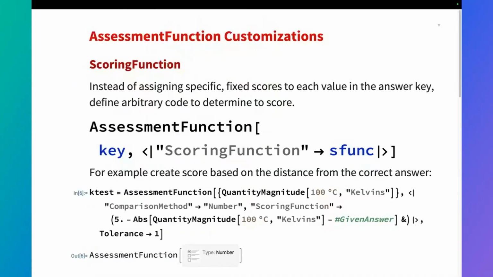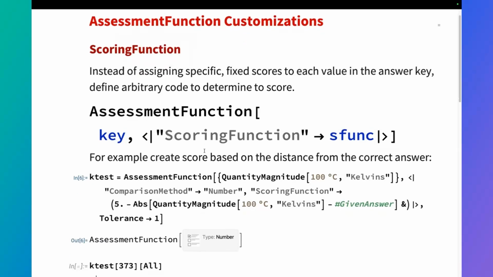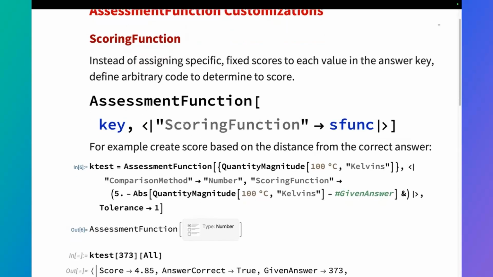And then we also have new customizations in assessment function. So instead of working on the outer interface, the question object, this is customizing the inner computational bit that does the assessment. So one of them is scoring function. In previous versions, you could give in your answer key a different score for different values in the answer key.